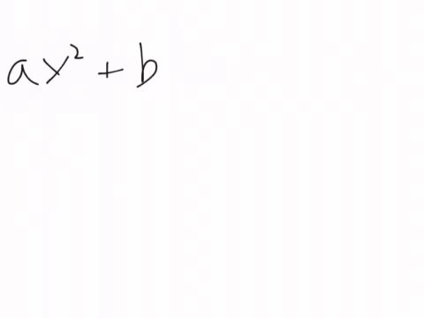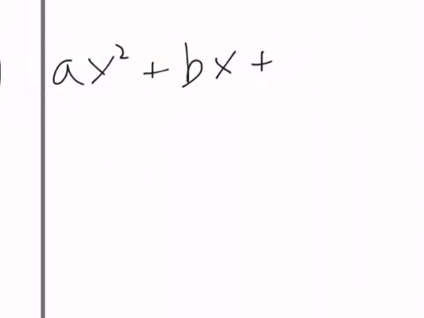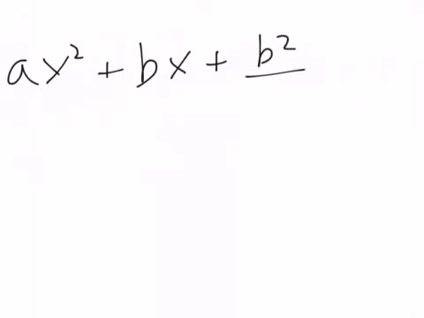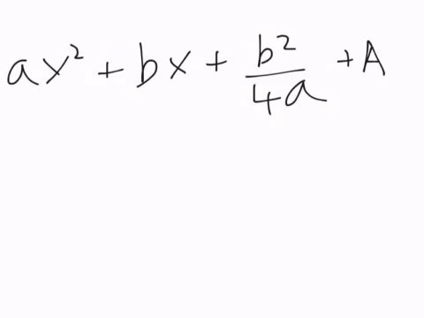Plus the b squared over 4a squared. When you times by a, one of the bottom a's cancels out, and we'll be left with b squared over 4a. And then I'm left with this big A again, that hasn't changed.